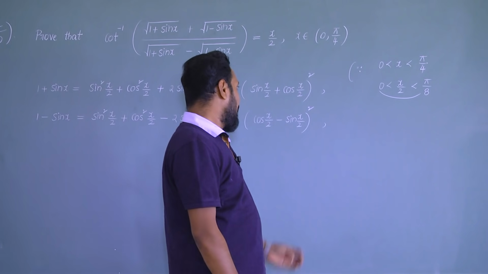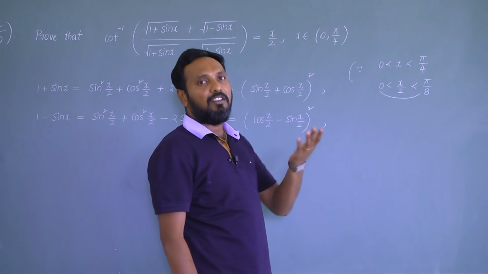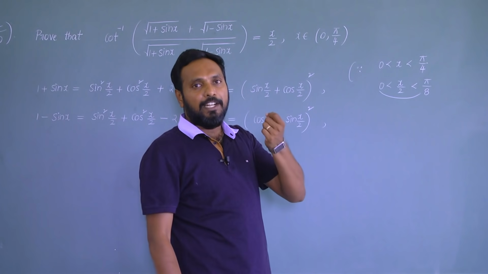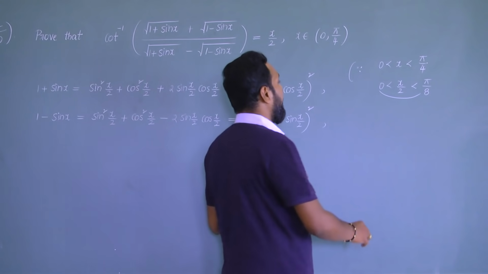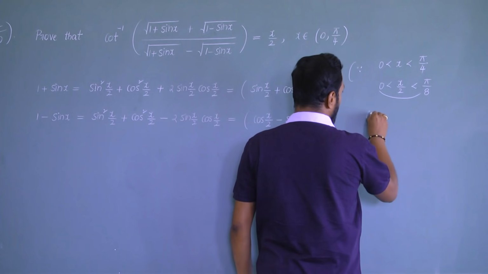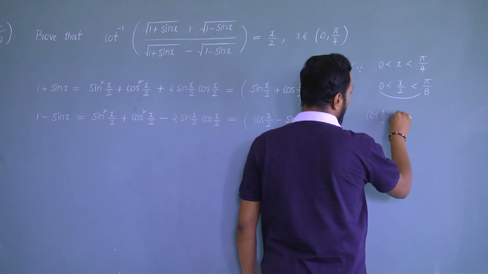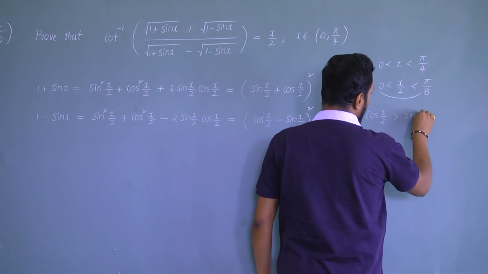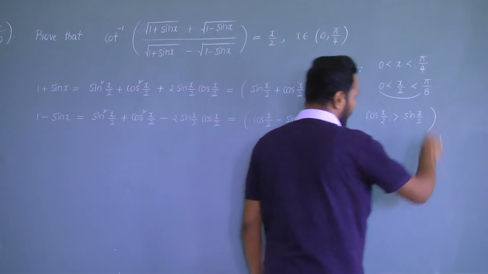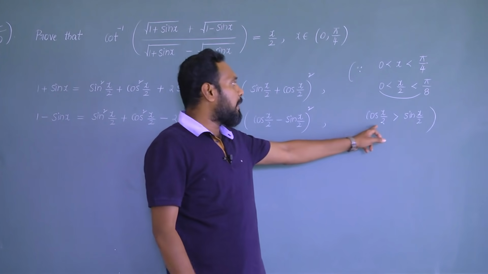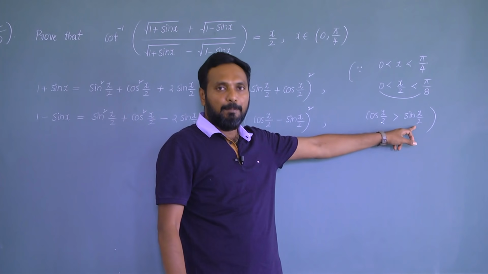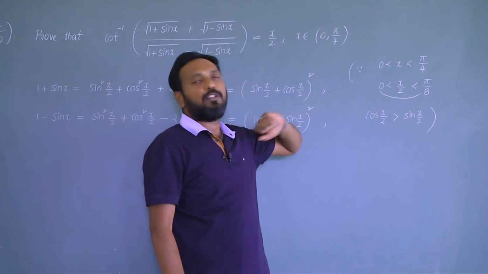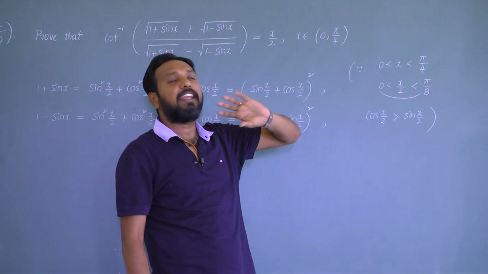If you take 0 to 22.5 degrees, and look at whether the cos function or the sin function is more according to the graph, the cos function will be more than the sin function. So cos x by 2 minus sin x by 2 will be positive, and sin x by 2 minus cos x by 2 will be negative.